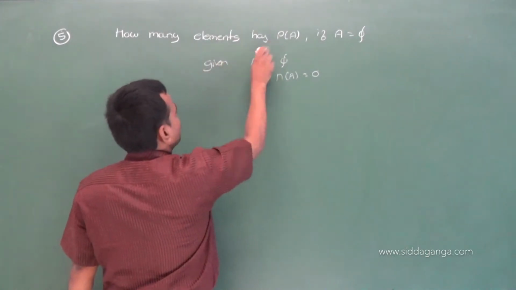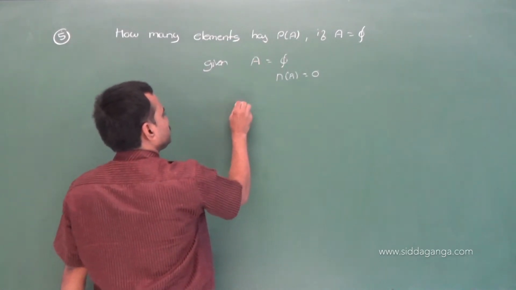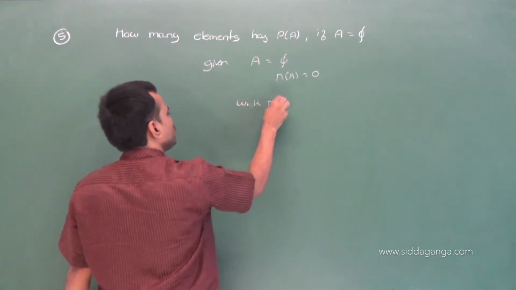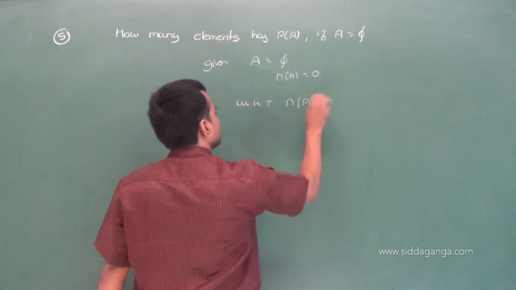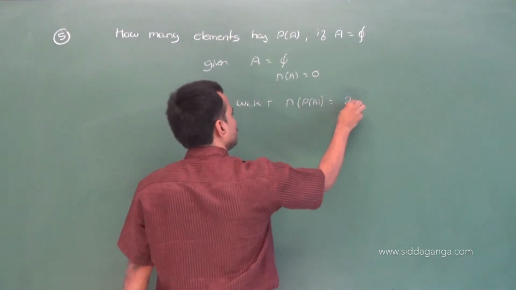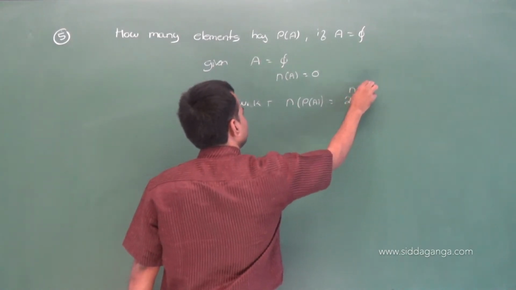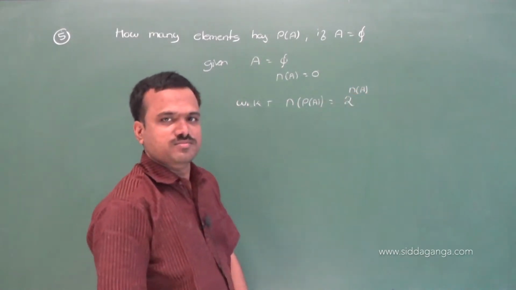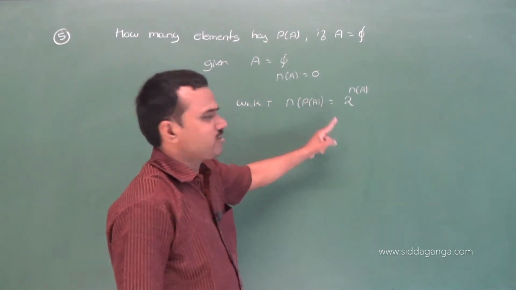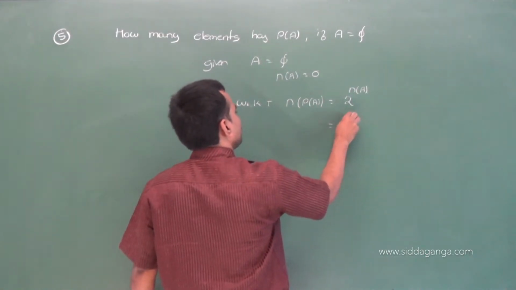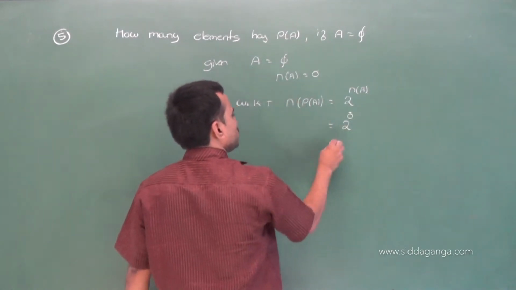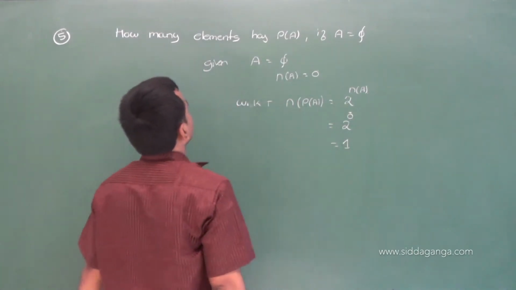Now how many elements does P of A have? We know that n of P of A is equal to 2 to the power n of A. Just now we discussed. That implies 2 to the power 0. 2 to the power 0 is how much? 1.